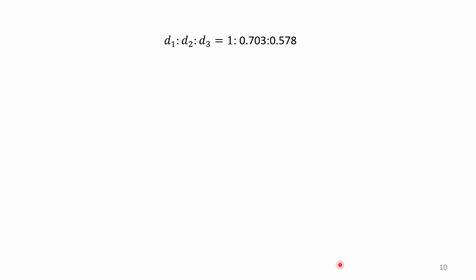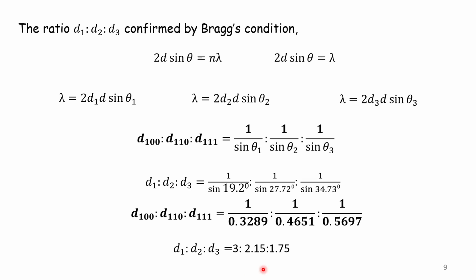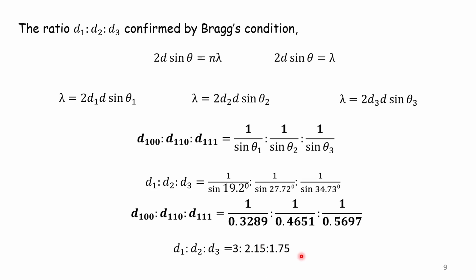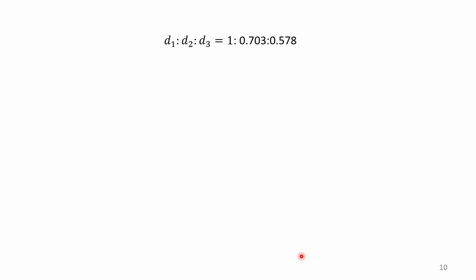Therefore, by dividing these values by 3, we get d1 : d2 : d3 is equal to 1 : 0.703 : 0.578.